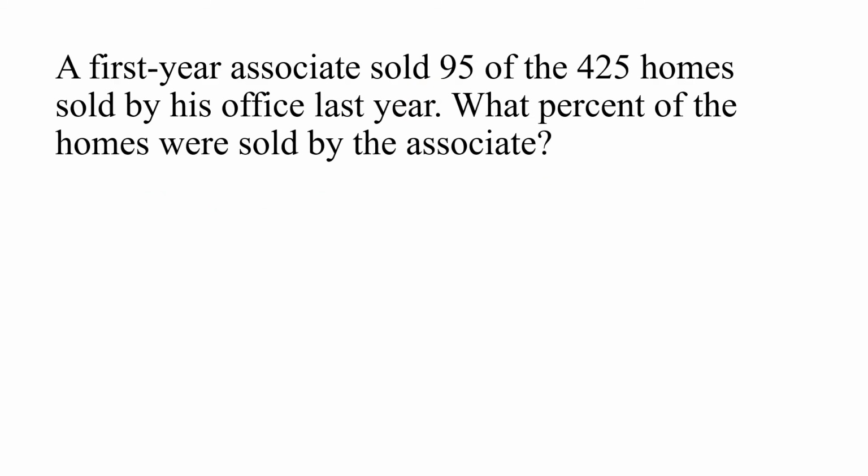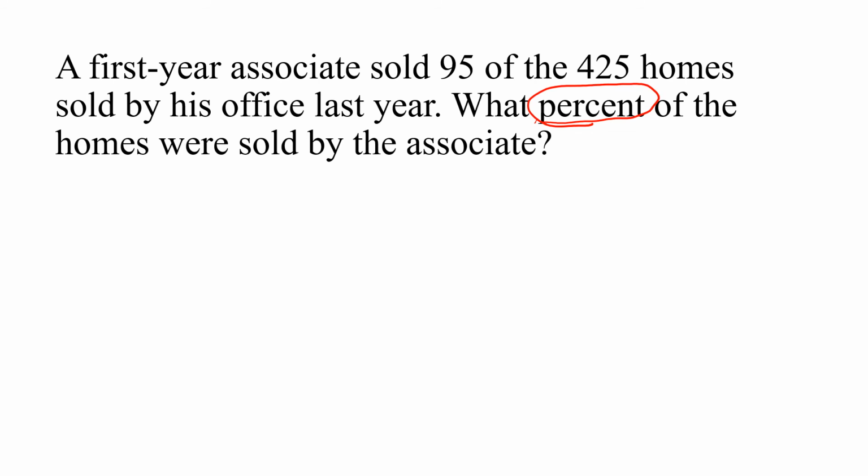A first-year associate sold 95 of 425 homes sold by his office last year. What percent of the homes were sold by the associate? So we need to know a percent.